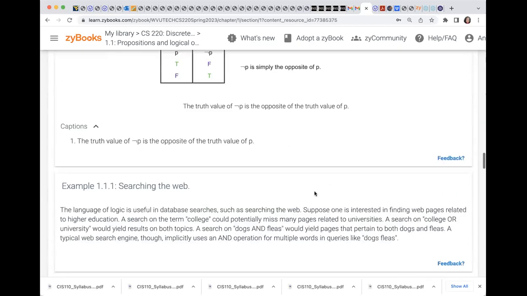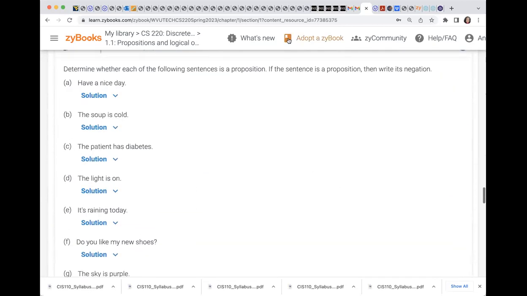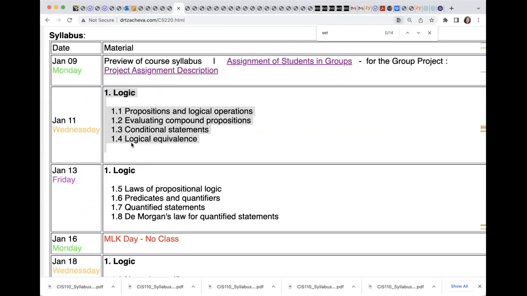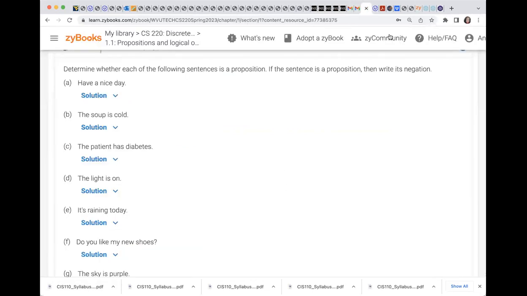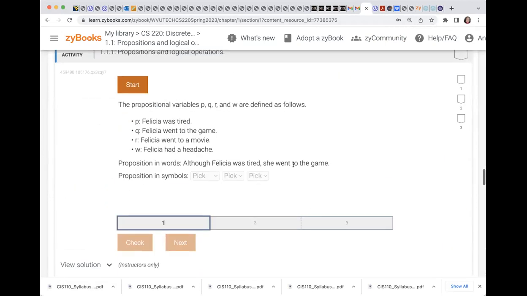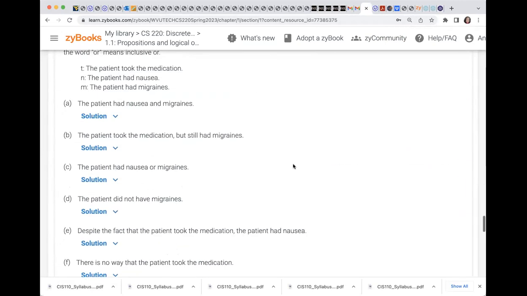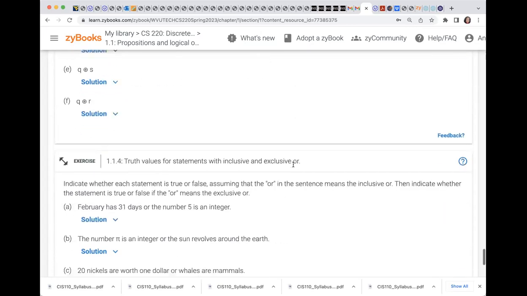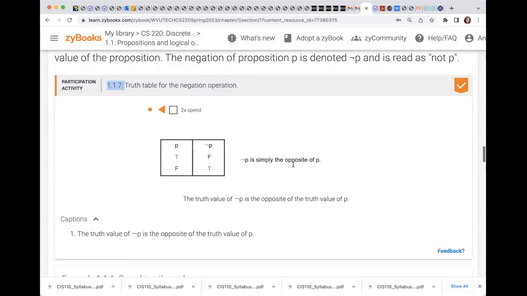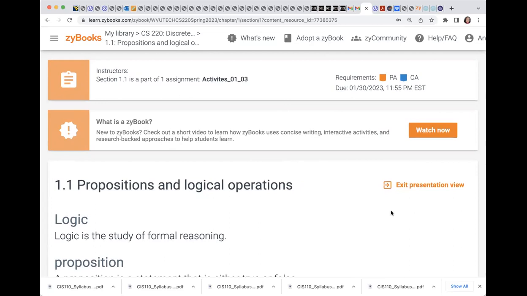All the activities after the chapter, 1.1, 1.2, 1.3, 1.4, up to 1.8, are assigned for homework for this week. So please read what we have just discussed here and do the assignments at the end of the chapter.